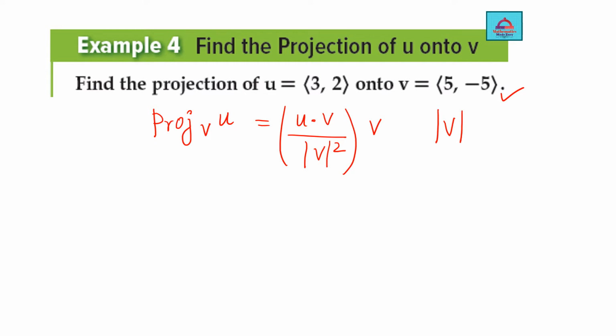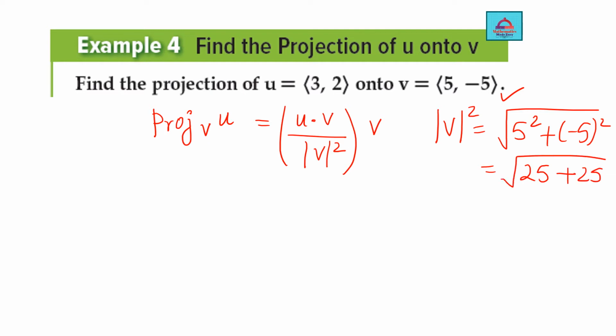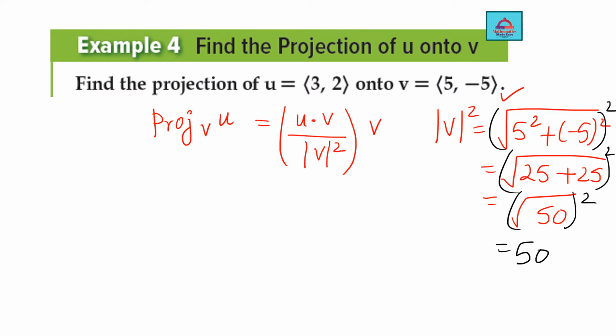The magnitude of vector v and its whole square would be equal to 5 square plus minus 5 square. So how much is that? 25 plus 25 or square root of 50. Now this was the magnitude, and now you had a square. So this whole square means the square of this. So the square root will cancel out and the square of this would give you 50.